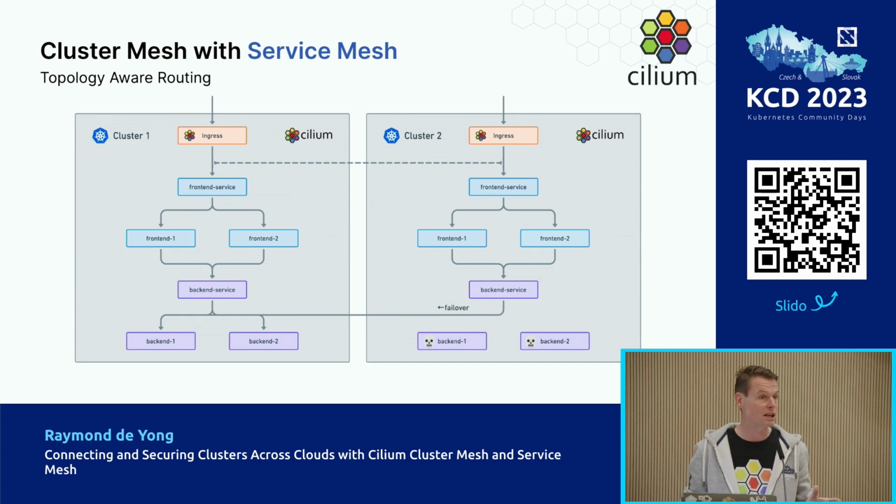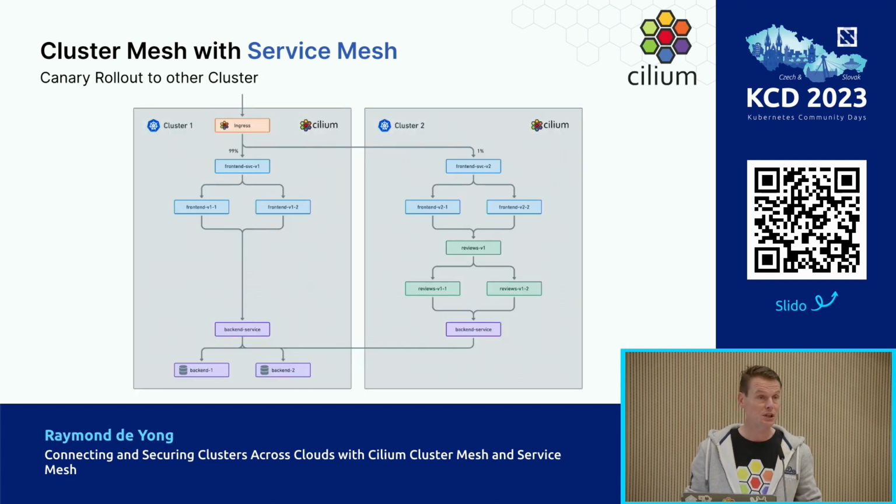You can also use the topology-aware routing we talked about before, allowing you to attract traffic in a cluster, keeping it in the cluster unless the workloads are not available. You can even consider canary rollouts to a new cluster. So maybe you have a very busy production-level cluster running. You know there's a new version of your application going to be introduced.